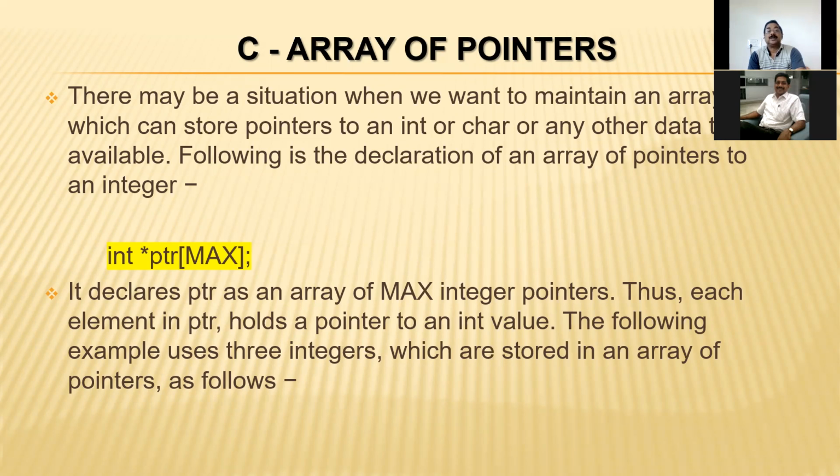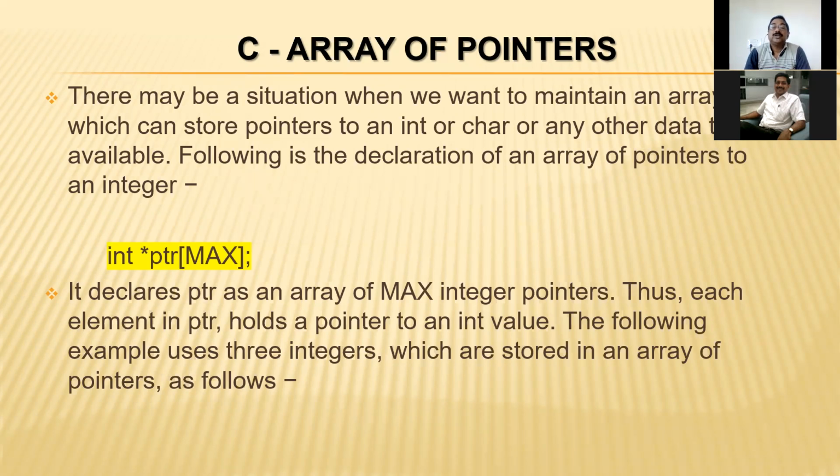We have seen what a pointer is, where it resides, how to declare it and how to initialize it. We can use two symbols: ampersand, which stores the address of any variable, and star, the asterisk, which is used for value at address. Those are all things we have to keep in mind.